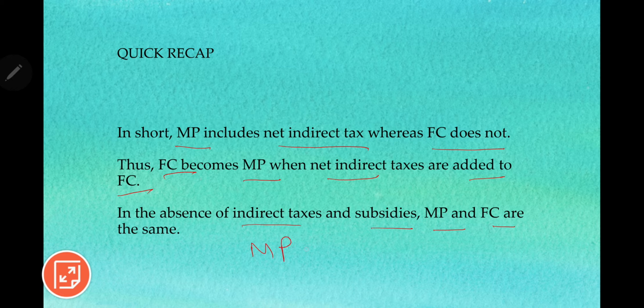So, MP or market price is equal to factor cost plus net indirect taxes. If net indirect taxes are positive, that is, indirect tax is more than subsidy, in that case market price is going to be more than factor cost, and vice versa.